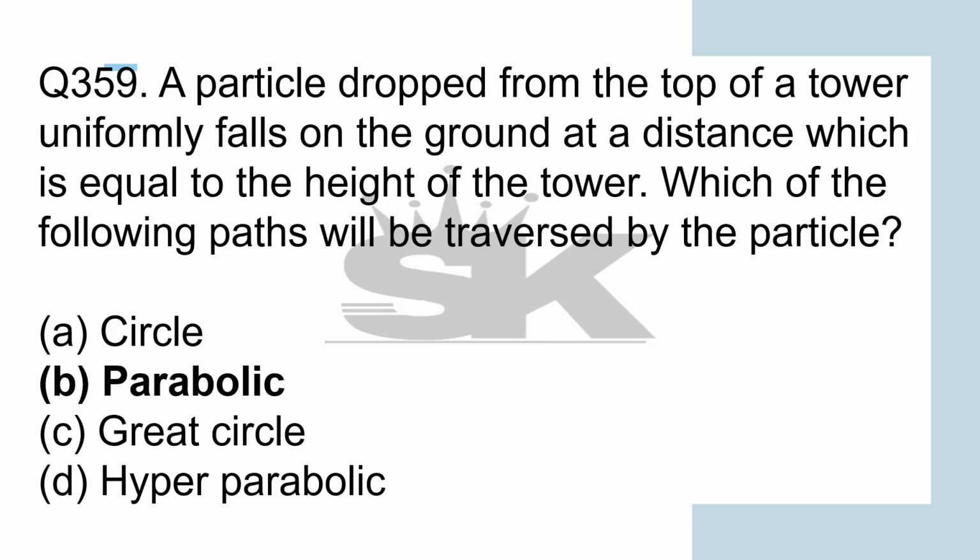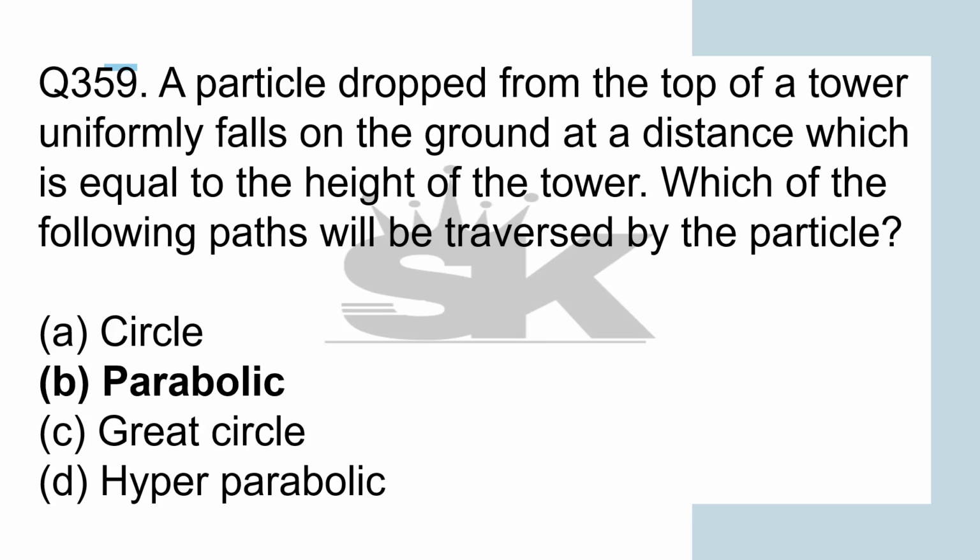If a particle dropped from the top of a tower uniformly falls on the ground at a distance which is equal to the height of the tower, then a parabolic path will be traced by the particle. Because when the particle is dropped, the point is called the point of projection, and when it reaches the ground, the point is called the point of impact.